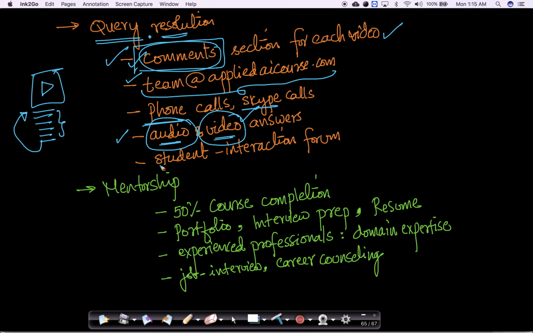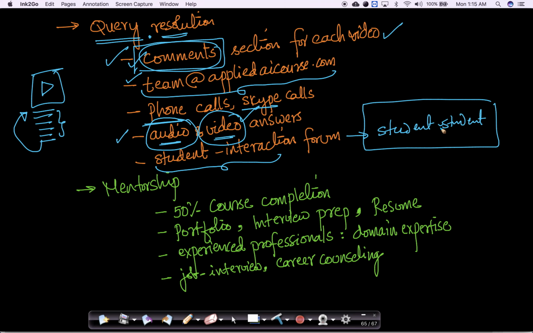Also, we have a student interaction forum, which is a Google forum that we have for all of our registered students. This is mostly a student-to-student interaction forum where you can talk to other students also.